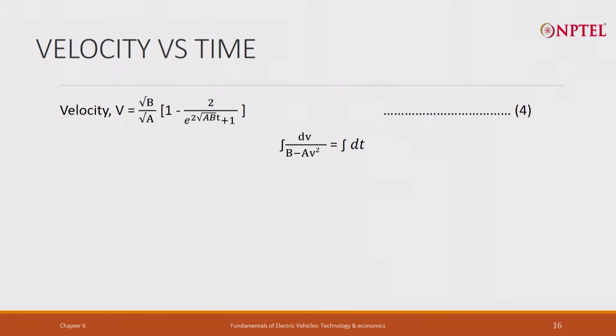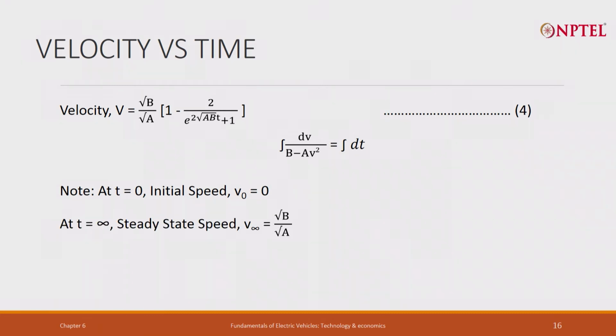All that I want to point out is that I am using a technique called separation of variables in solving a differential equation. Then the equation becomes of this form, and then I can solve the differential equation in this way. And by applying the boundary condition that I am starting from rest, it means when t is 0, v is 0, I find that the constant of integration becomes 0.